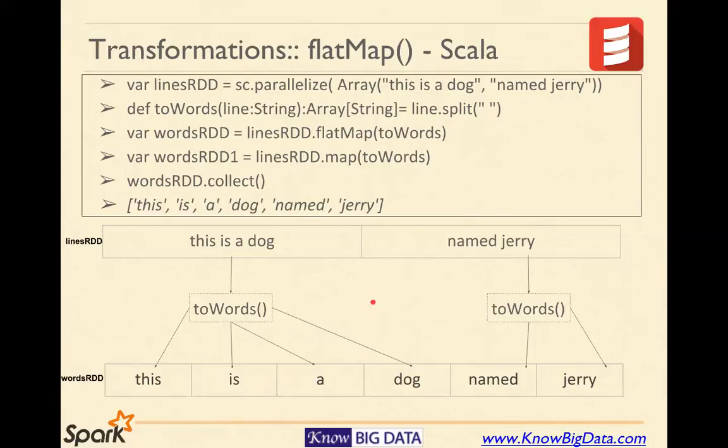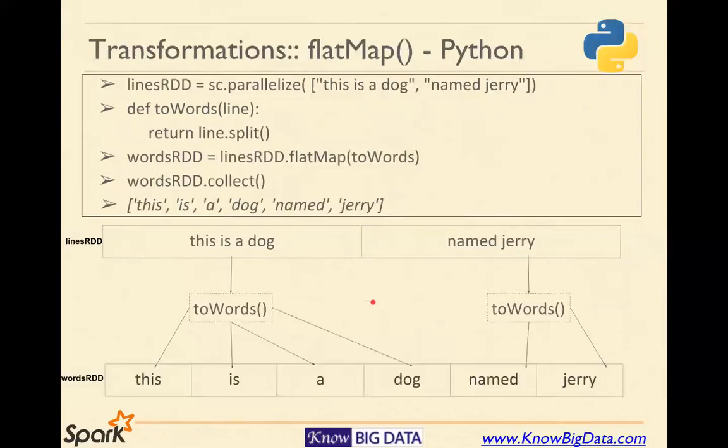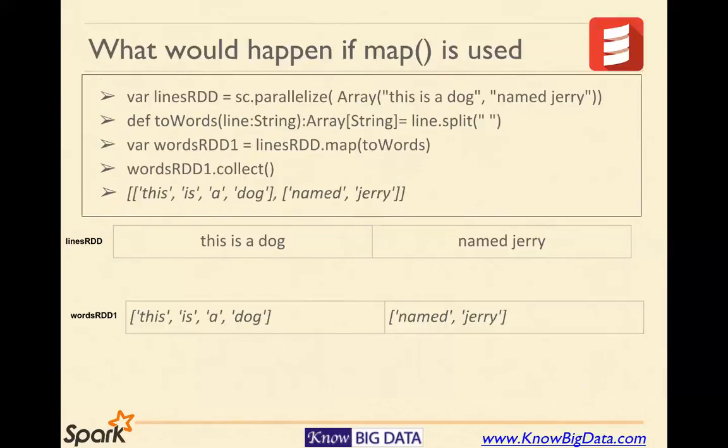So this is what would happen if we used map instead of flat map. We cannot do word count on this because each record is an array, and when we say reduce by key, it's going to group by the whole array, which is not really right.